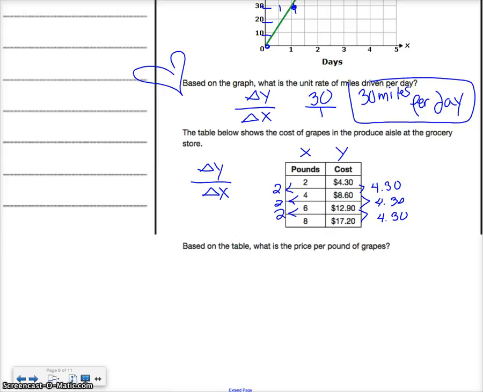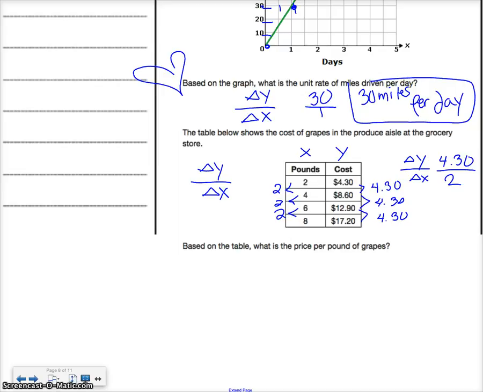So then my slope is change in y over change in x, 430 over 2. However, what we're talking about today is making that connection between slope and unit rate. So I want to know how much for 1.